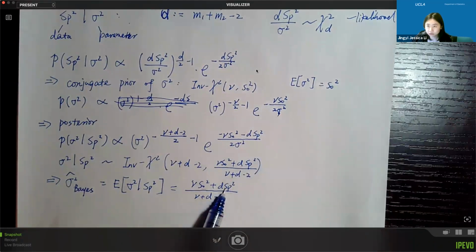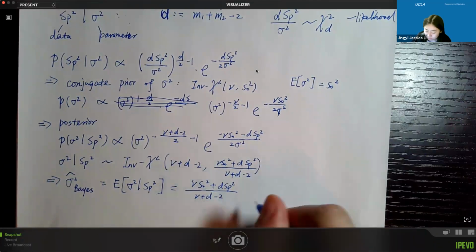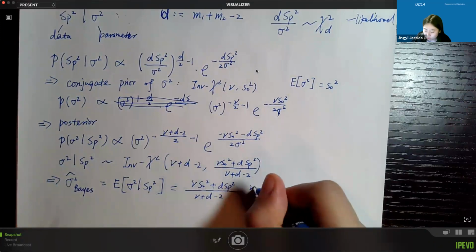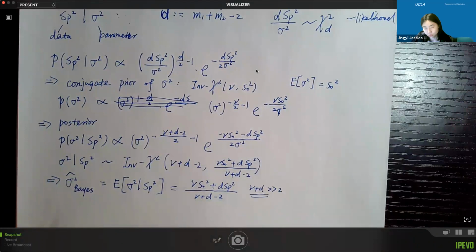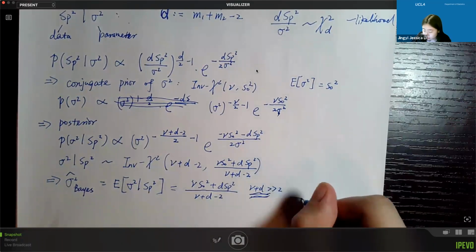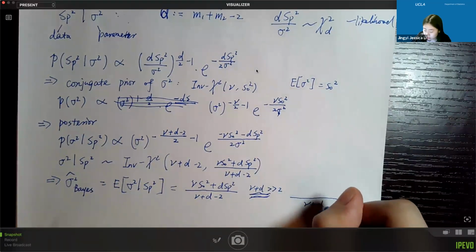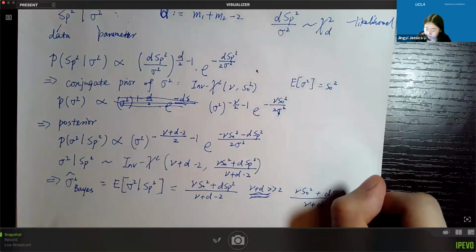And SP squared is what we compute from data. And in the case when nu plus d is much larger than 2, we can just ignore this 2. It's approximately (nu S0 squared plus d SP squared) over (nu plus d).